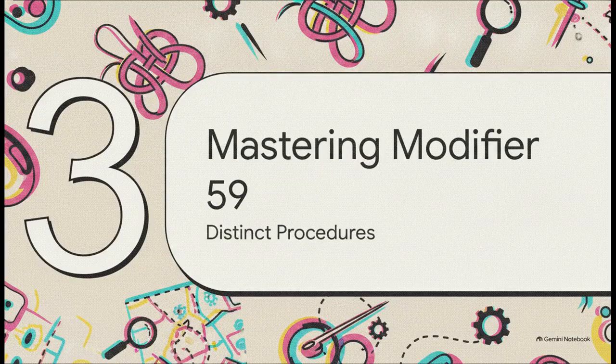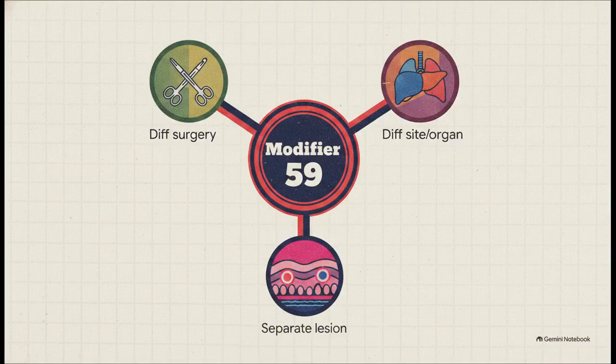All right, Section 3, Mastering Modifier 59. So the crucial thing here is knowing exactly when the rules legally allow you to use modifier 59, which stands for a distinct procedural service. You append modifier 59 to tell the insurance payer, hey look, this wasn't an accident or a duplicate bill.